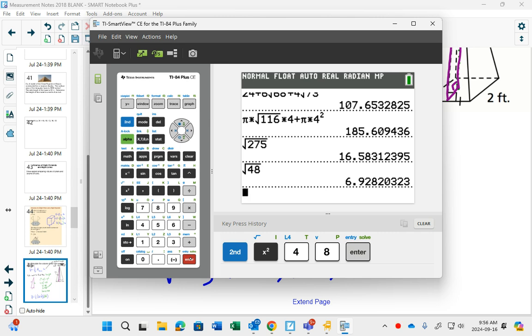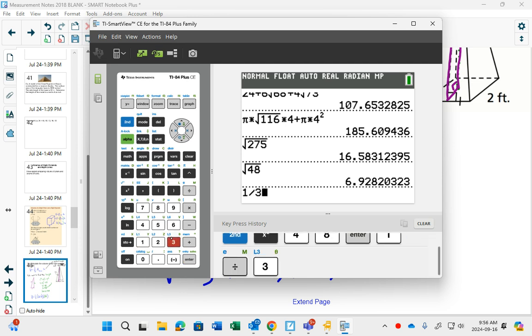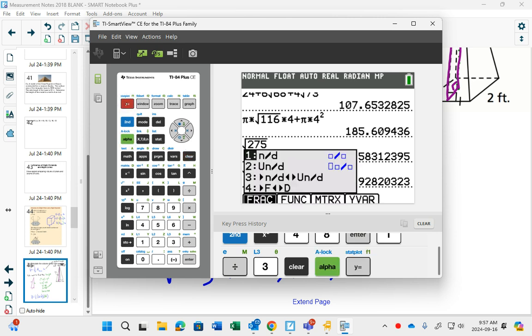If I was using my calculator to do calculations, I'll show you a couple things you could do. You could do 1/3, 1 divided by 3. If you have the newest version of the graphing calculator, you can hit alpha y equals, and a menu comes up.